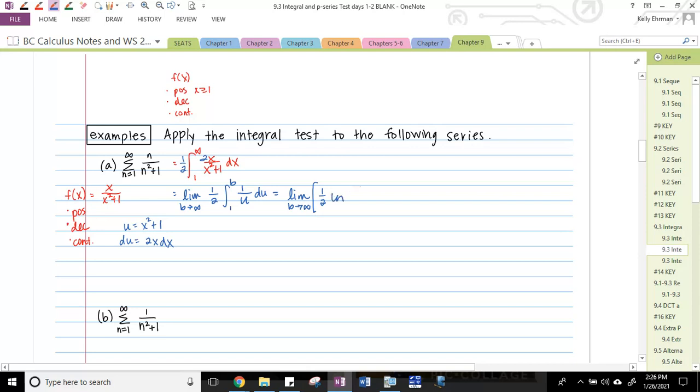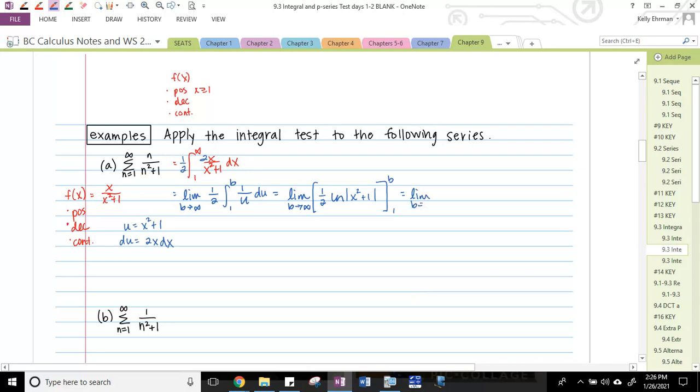Now, I remember in our chapter 8 test, if you forget to put your value for what your u sub is back in, you can come up with the wrong answer. So be careful there. I think a lot of us did that when it was like e to the u and u was actually a negative exponent. So here it's not as big of a deal, but it's 1/2 natural log of x squared plus 1, evaluated from 1 to b.